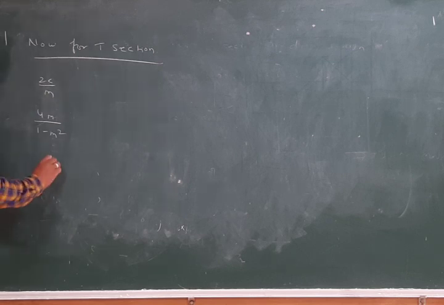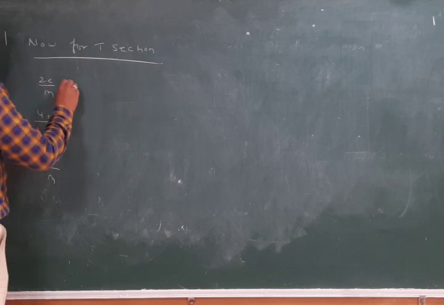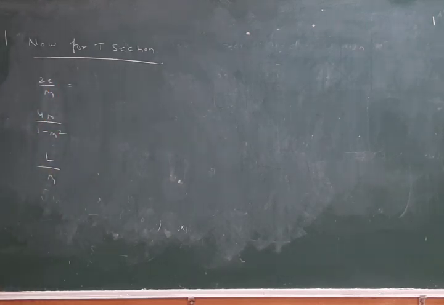Already we know some values here. Depending upon that, we will calculate. We have already calculated C by m, so 2C by m is 0.1825 microfarad.